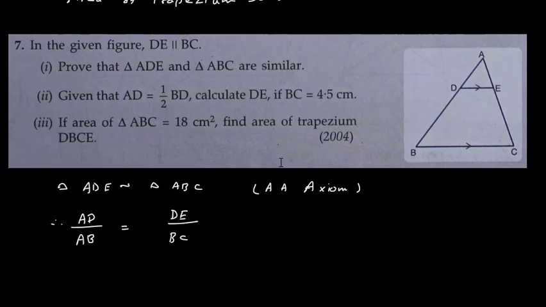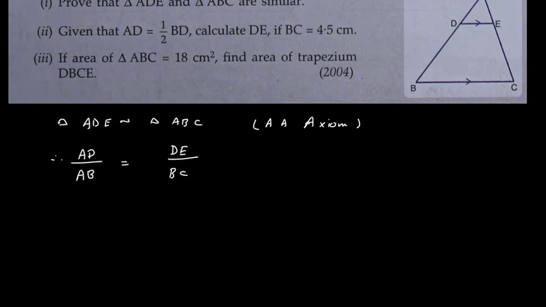But here AD is 1 by 2 BD. So let us consider that this is equation 1.